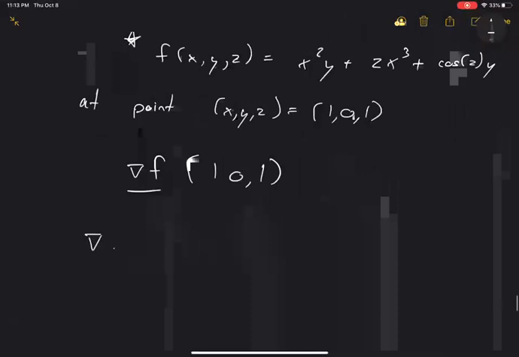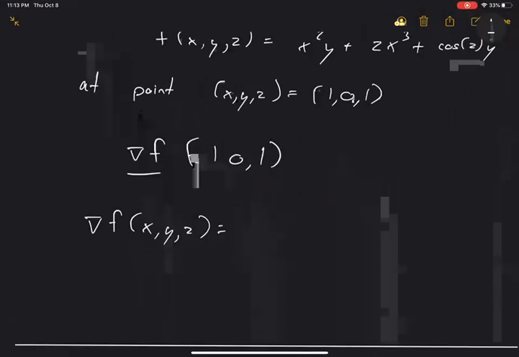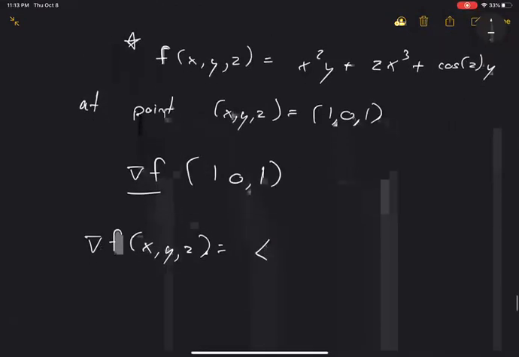So what's del f? Well, the partial derivative with respect to x is 2xy plus 3zx squared.